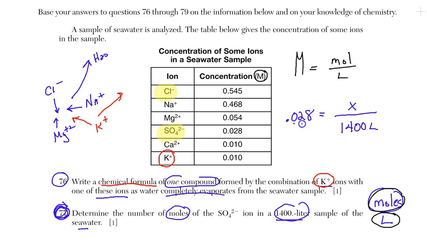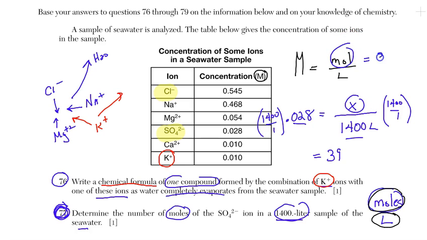I'm just putting the numbers in. To solve for X, I'm just algebraically multiplying both sides by 1400 over 1, or you're just multiplying 1400 times 0.028. And when you do that, you get 39 in your calculator. So we solve for the top variable here, moles.